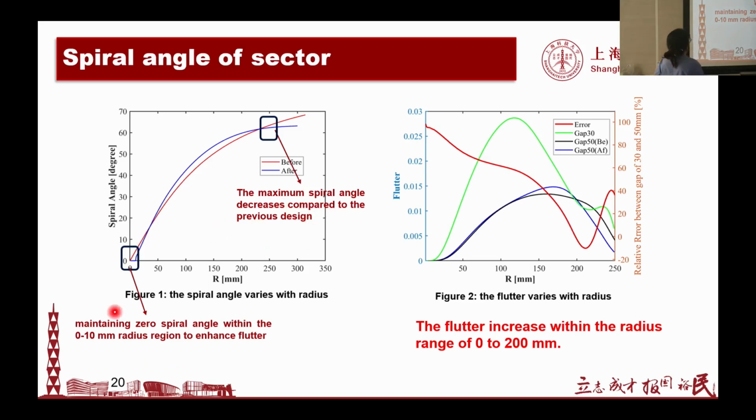We also maintain zero spiral angle within the 0 to 10 millimeter radius region to enhance the flutter. From this figure, we can see that the blue line is higher than the black line, so the flutter increases within the radius region of 0 to 200 millimeter.